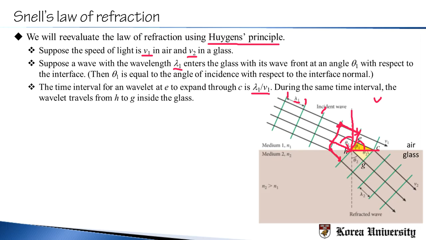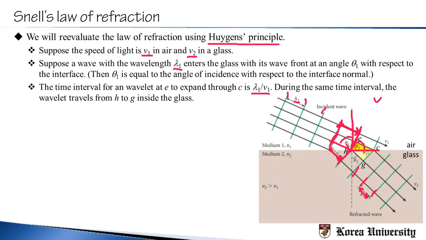Of course, the refractive index of the glass is higher, so the speed v2 must be smaller. Therefore, it will travel a shorter distance compared to this distance in the air. As a result, this wavefront will bend. Inside the glass, the wavelength, which is again the distance between these wavefronts, will be smaller, and we will call it lambda 2.